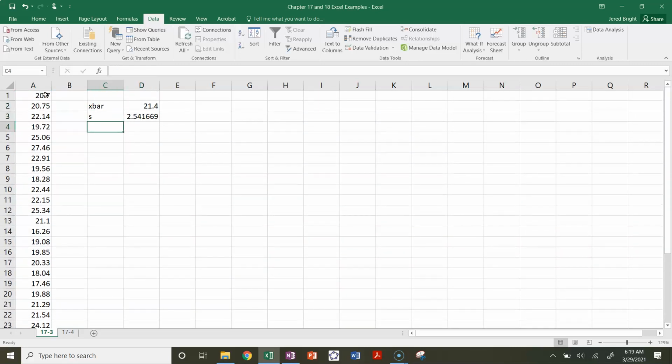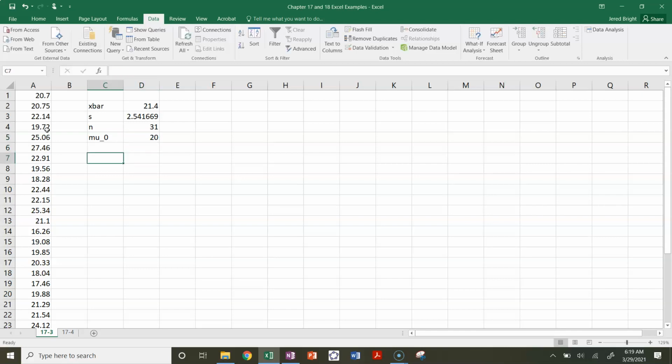Let's see, what else do we need? We need to know n is 31, and our mu naught, our hypothesis value of the population mean, is 20.